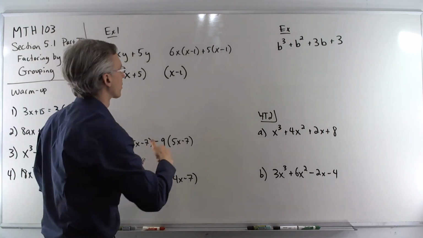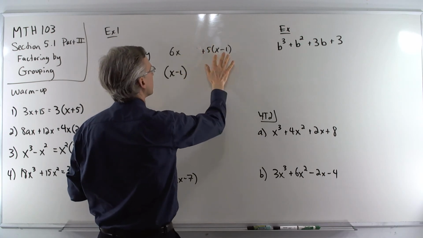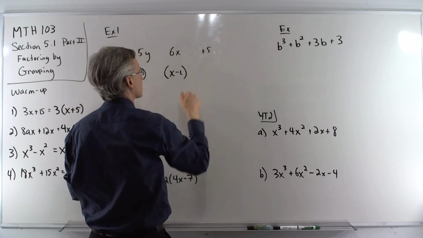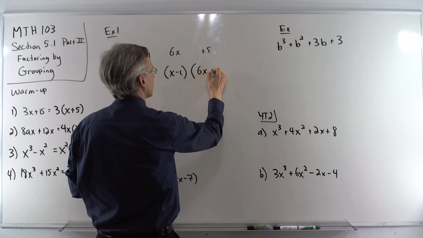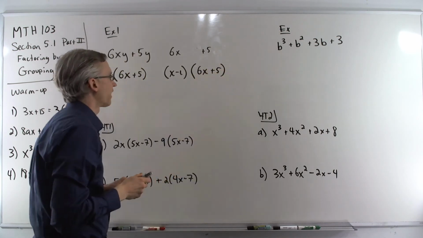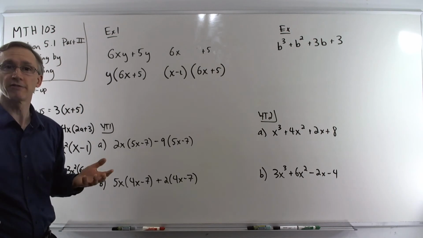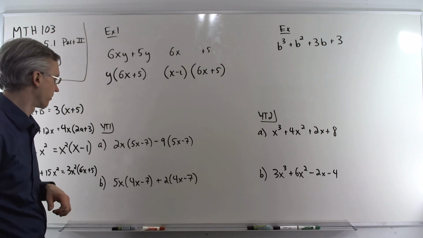Well, here we're going to remove the x minus 1, and we get the same thing. What remains is 6x plus 5. So that goes in the other parentheses, just like over here. So there's the factored form, x minus 1 times 6x plus 5. So we can factor out binomials, and that's going to be an essential step in factoring by grouping.